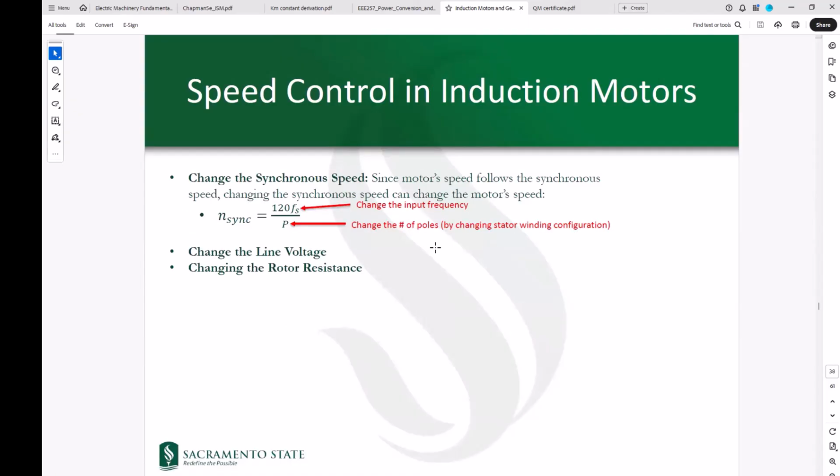Okay, now let's deal with the speed control in induction motors. We said that in most circumstances, under full load conditions, the induction motor works close to the synchronous speed. The synchronous speed depends on Fs and on P. So you can get an idea of how to control the speed in an induction motor.